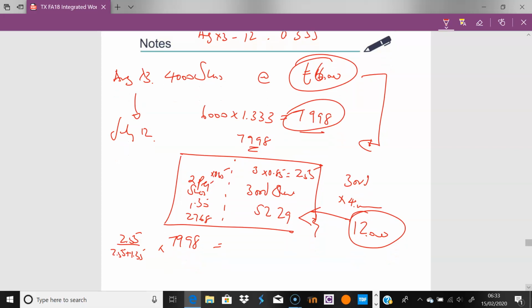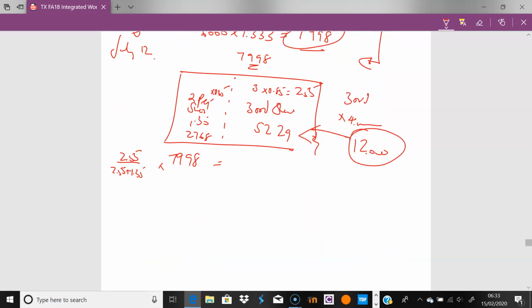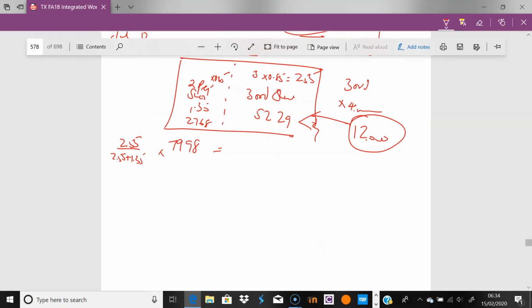That's the argument. So now I can go back into my table format. I now have 12,000 shares indexed at 5,229. In terms of index cost, 5,229 is my starting point.